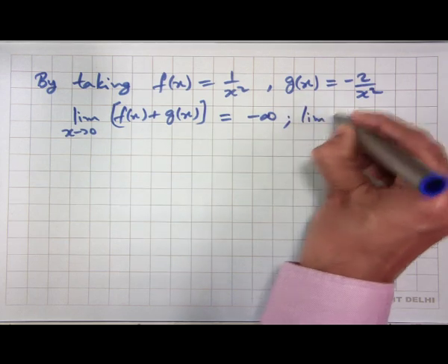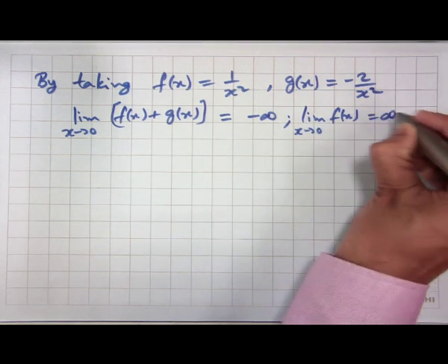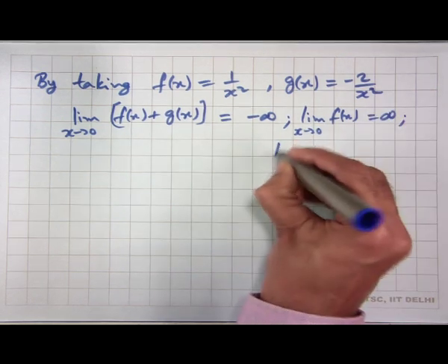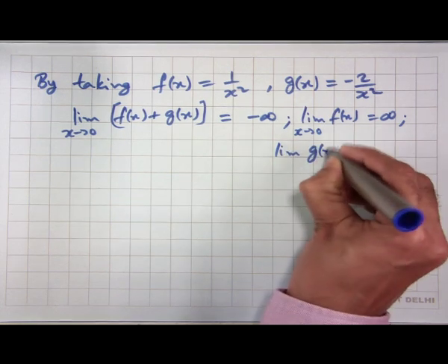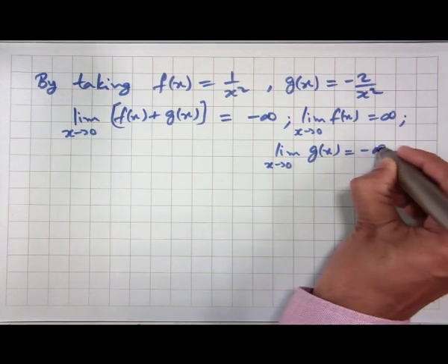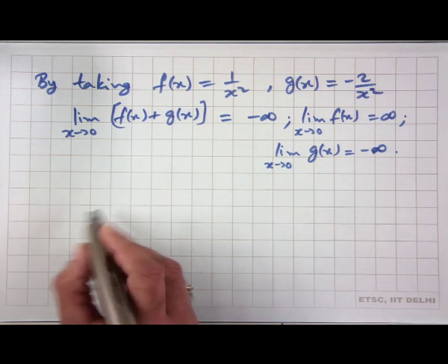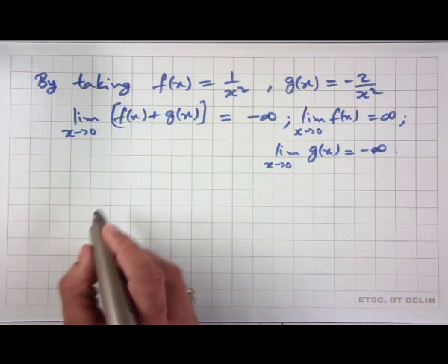The limit of f(x) is infinity and the limit of g(x) is minus infinity. So what we saw is that this infinity minus infinity can take anything.